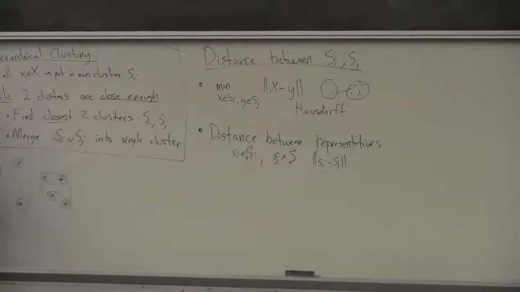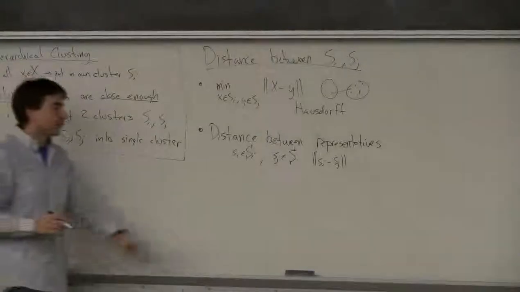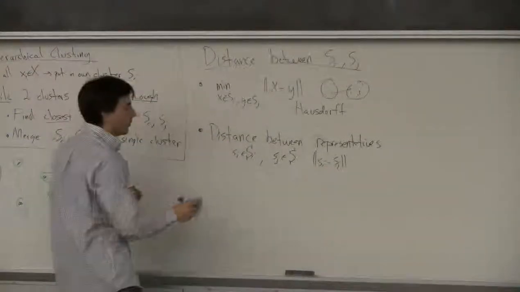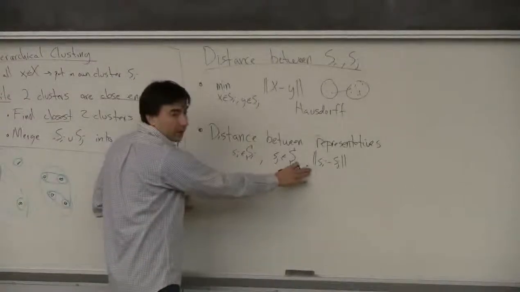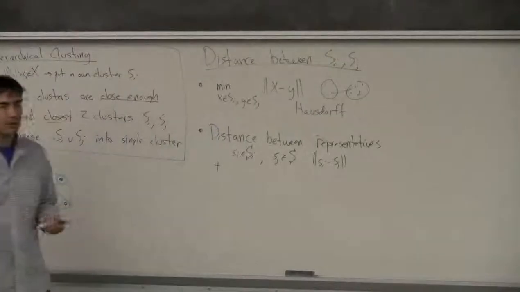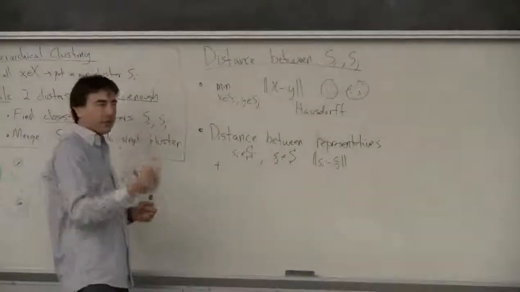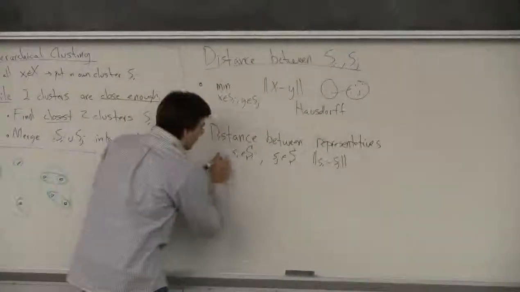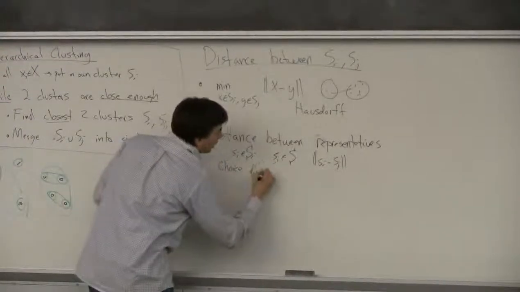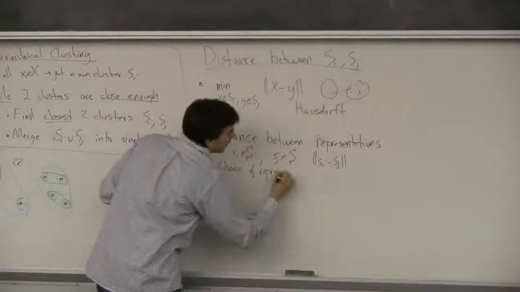They could themselves be sets, but if these are sets, we know how to take this distance, right? So we look at the distance between these representatives. Now there's a sub-question of how do you choose representatives between the sets, right? So we have this other thing, the choice of representative.